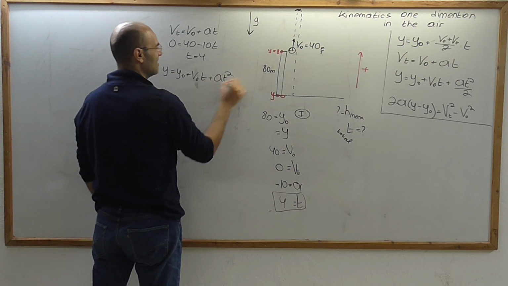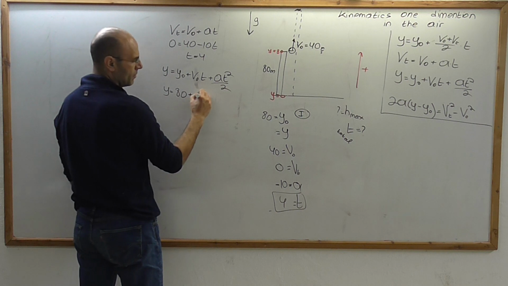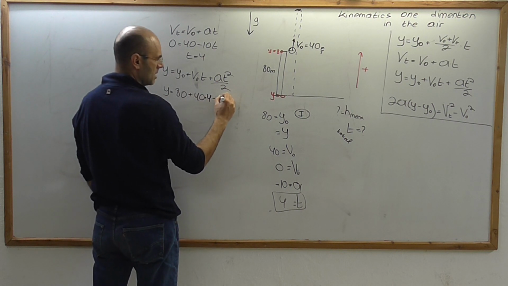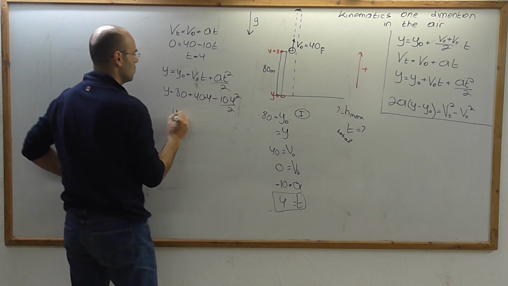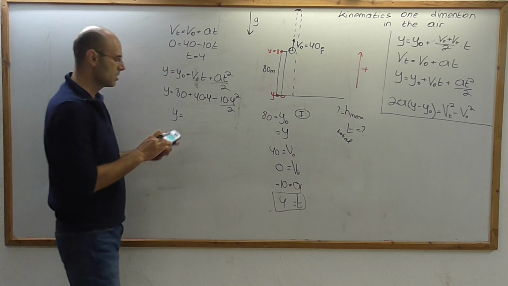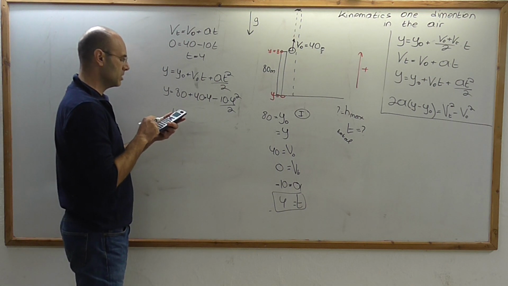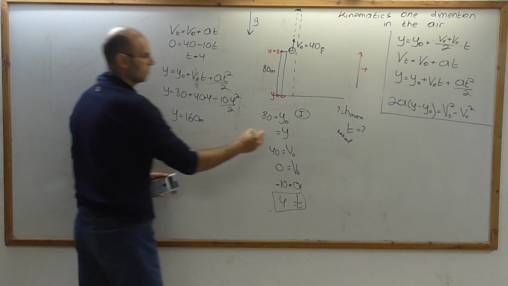So y equals 80 plus 40 multiplied by 4 minus 10 times 4 squared over 2. Y equals 80 plus 160 minus 5 multiplied by 16, so 160 meters.